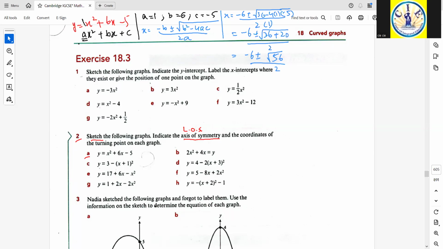And we need to have the square root of 56 now. Square root of 56 would be 7.48.